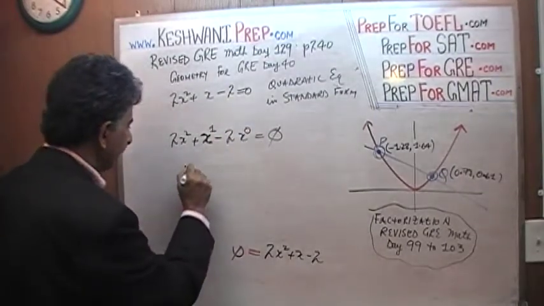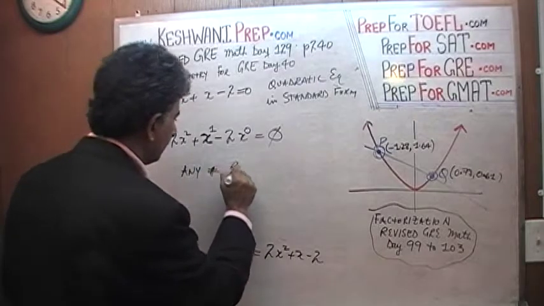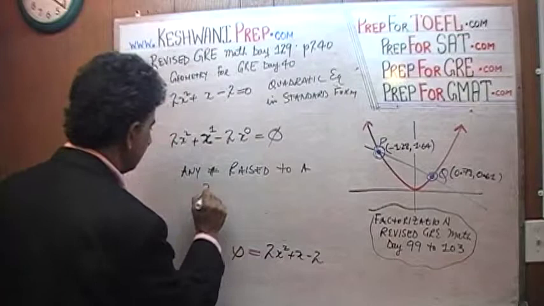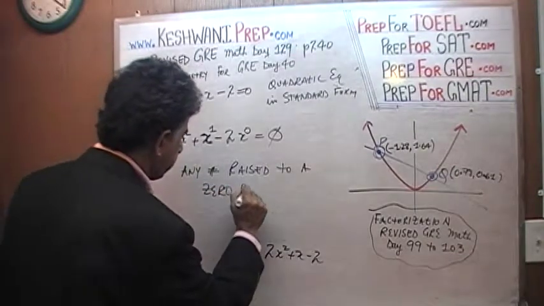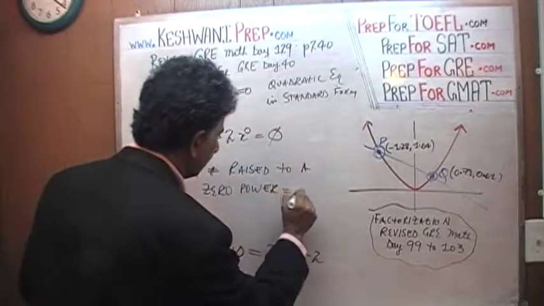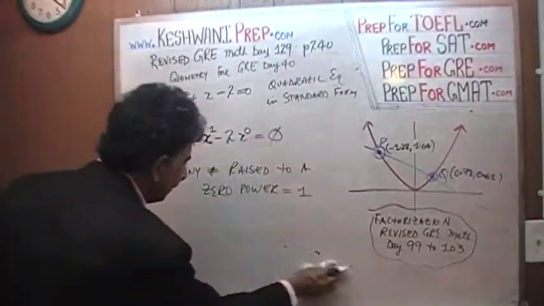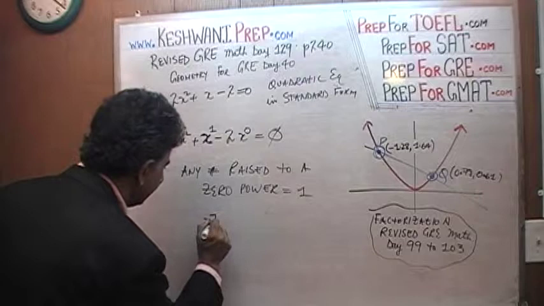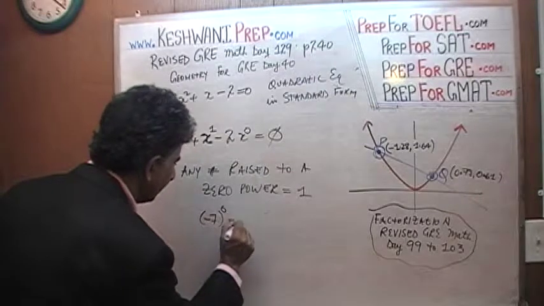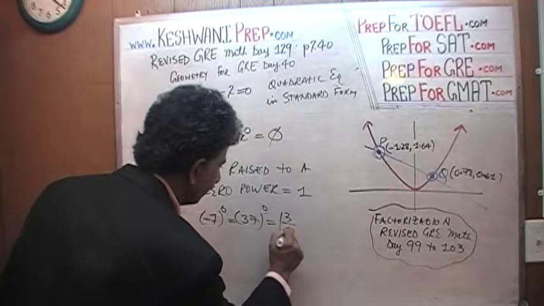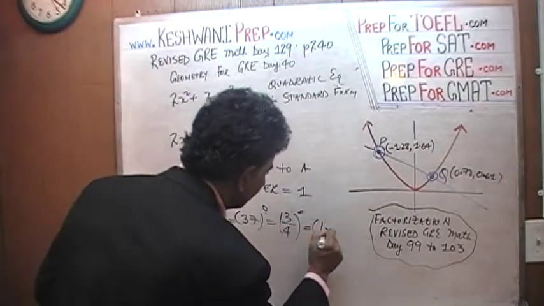Any number raised to a 0 power equals 1. Any number in the world at all. Negative 17, negative 7 raised to 0 is 1, negative 37 raised to 0 is 1, 3/4 raised to 0 is 1, 1 million raised to 0 is 1.